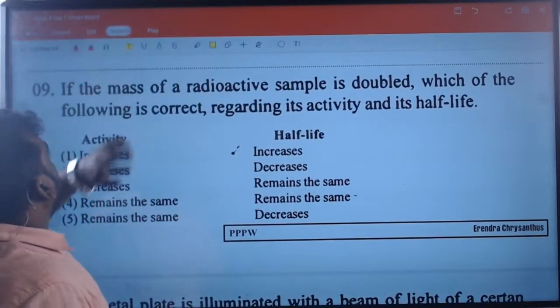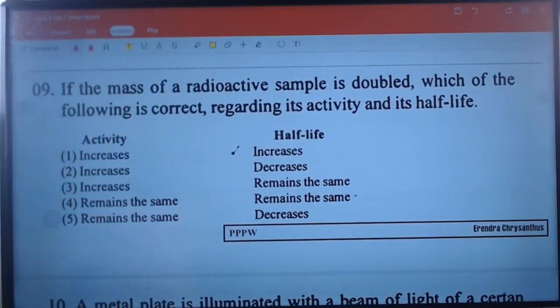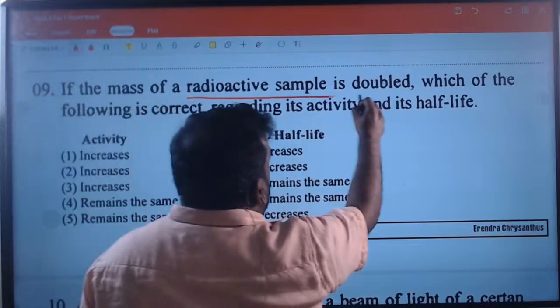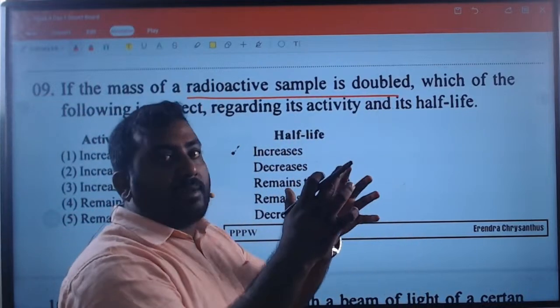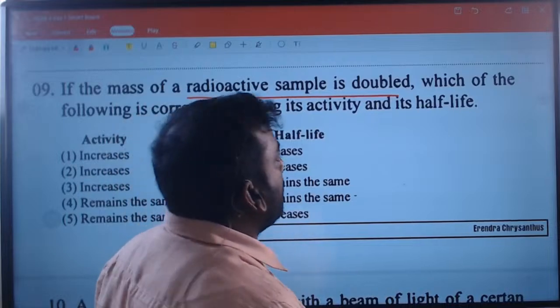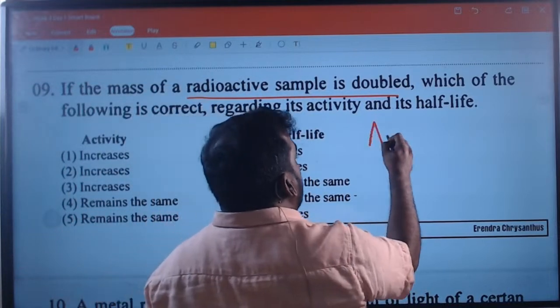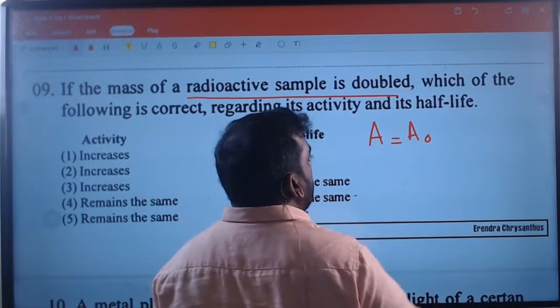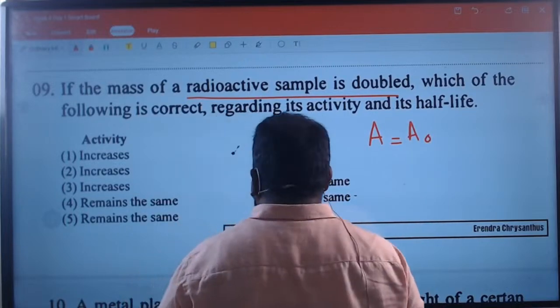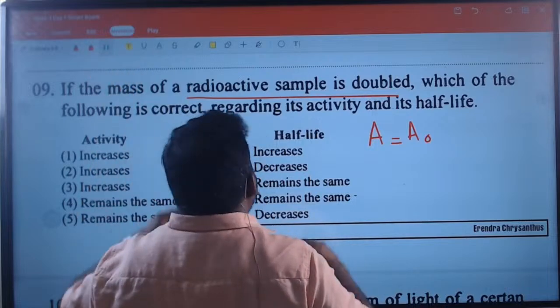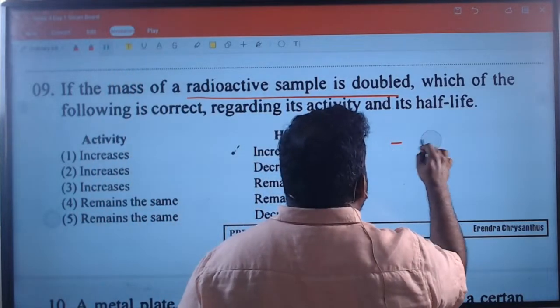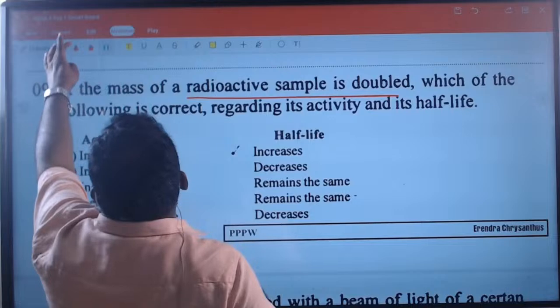Next one. If the mass of a radioactive sample is doubled, now remember, mass of a radioactive sample is doubled means number of nuclei will double. Which of the following is correct regarding the activity? No need to write the actual equation, but we can say like this.